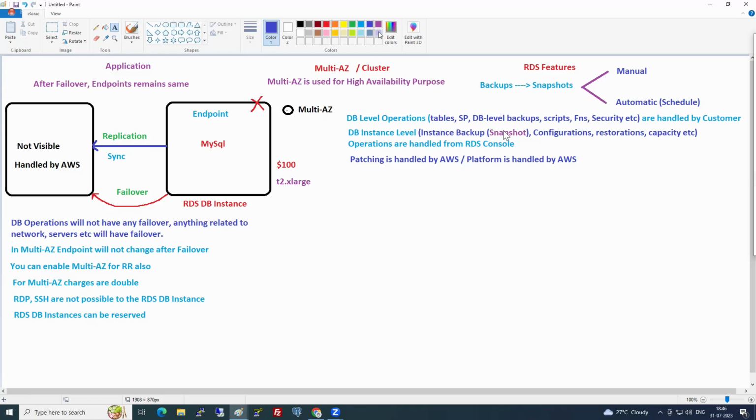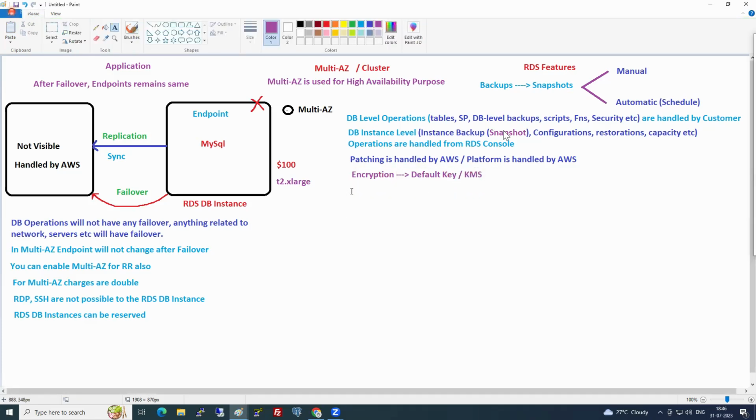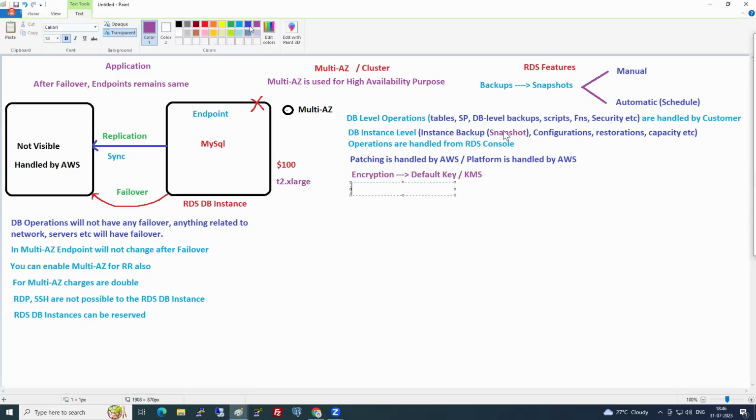Can we encrypt the databases also? Yes, we can do the encryption. Encryption can be done by using a default key, or you can create one from KMS. And as in EC2, we create volumes, for your RDS instance also you have volumes.